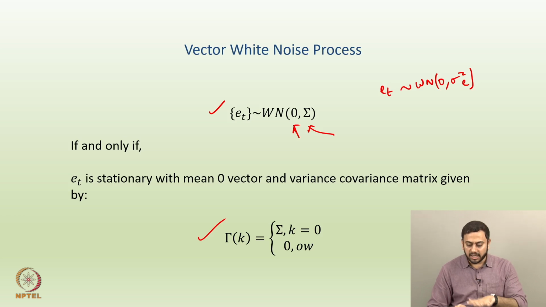Just to summarize, this is a collection of several errors now, so epsilon t is a random vector. The random vector follows a vector white noise process WN(0, Sigma) if and only if epsilon t is stationary with mean 0 vector and variance covariance matrix given by this structure: gamma k equals Sigma whenever k equals 0, and 0 otherwise.